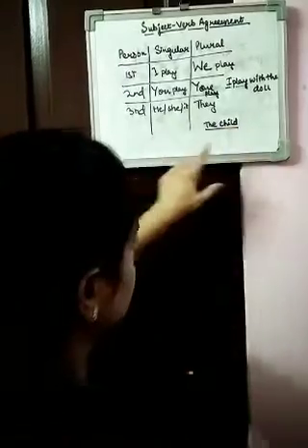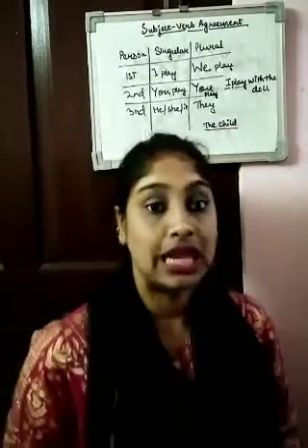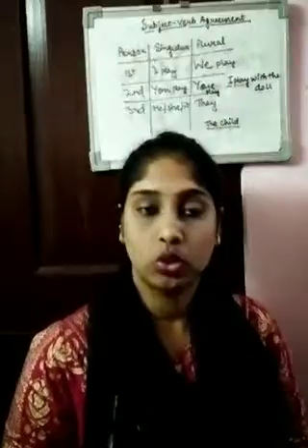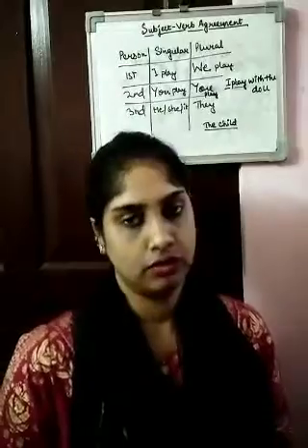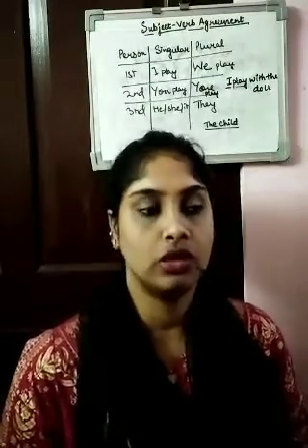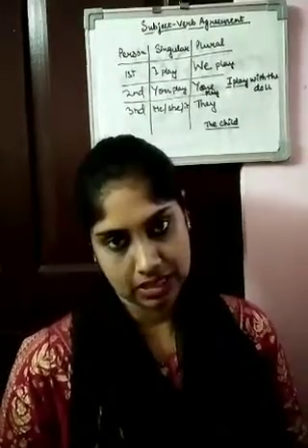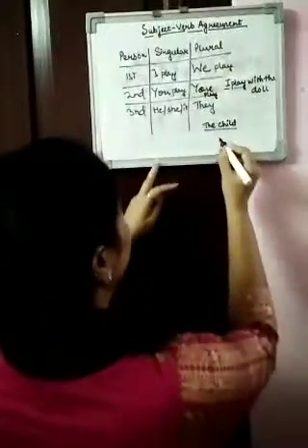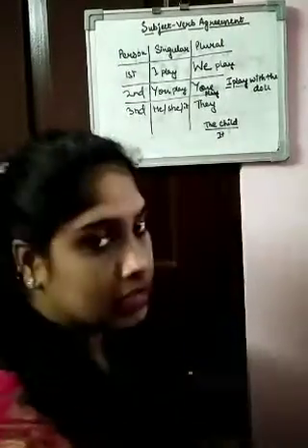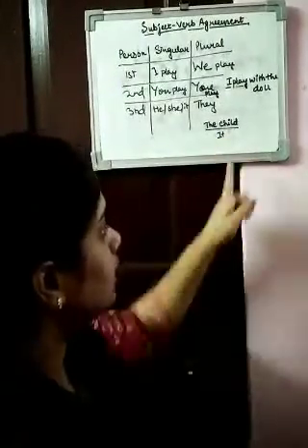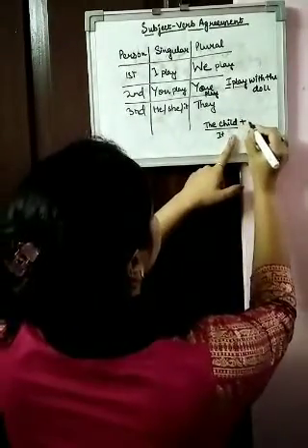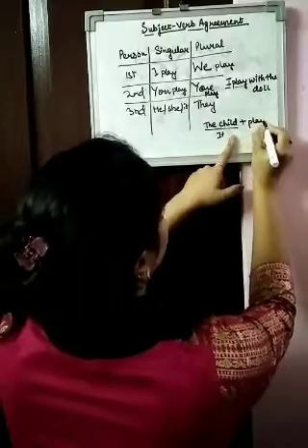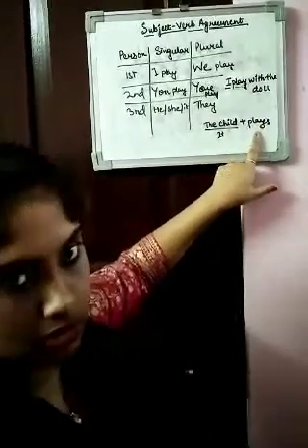So this is our subject. We will refer to the child as what? We don't know if the child is masculine gender, feminine gender or what. So we will refer to the child as it. And as this is a singular subject, we will add the verb in singular form. We will write plays.